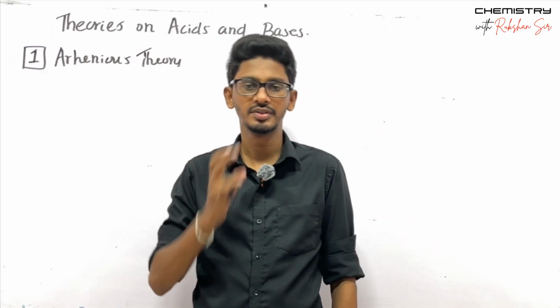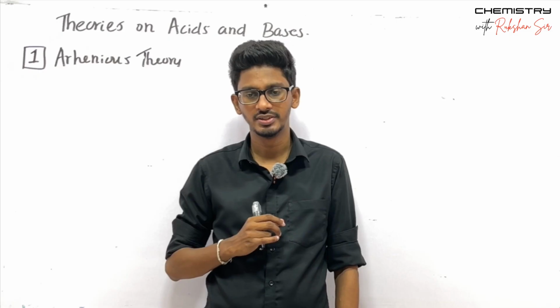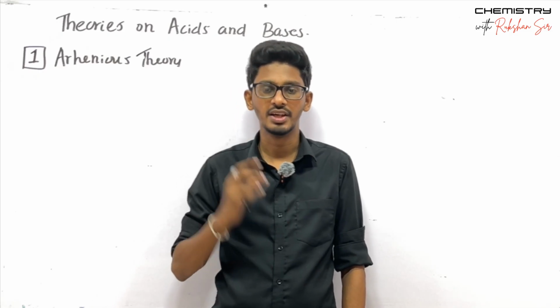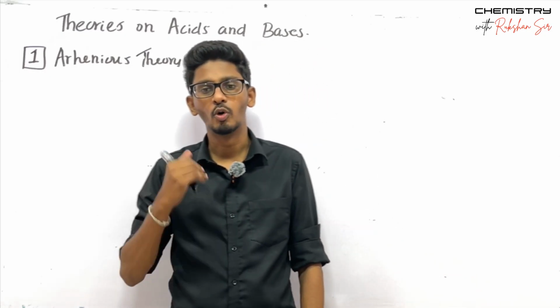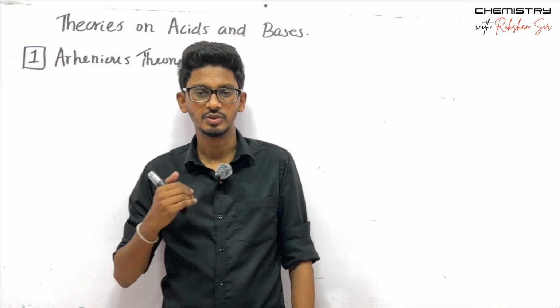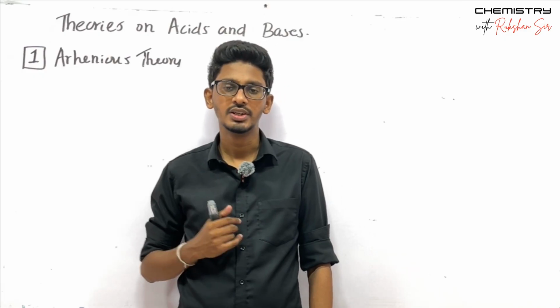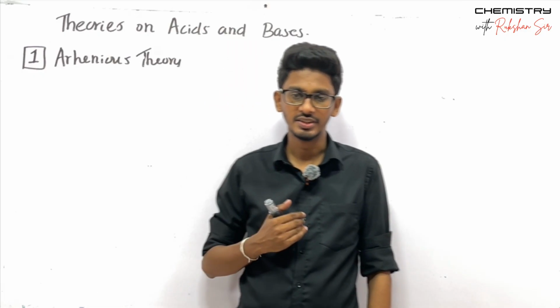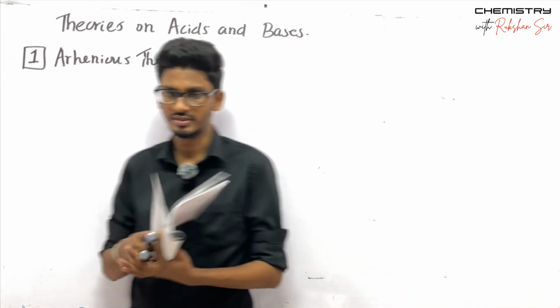The compounds which release H plus ions to the aqueous solution are called acids, while the compounds which release OH minus ions to the aqueous medium are referred to as bases. That is how the Arrhenius theory introduced us to acids and bases. Okay, a simple theory.